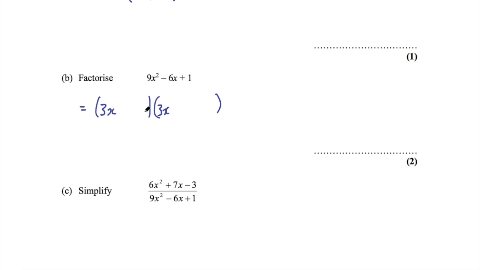Well, the only factors of 1 are 1 and 1. So if this is going to factorize into two brackets, we are going to have to use 1 and 1, and then well, the only way we can multiply 3x and 3x to make minus 6x is if they're multiplied by minus 1. So this factorizes into 3x minus 1, 3x minus 1.